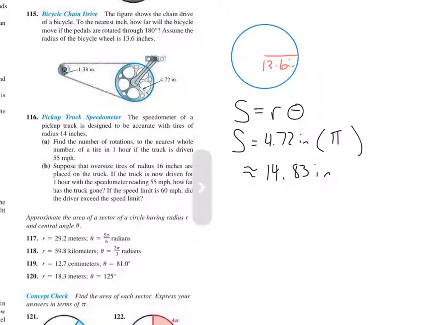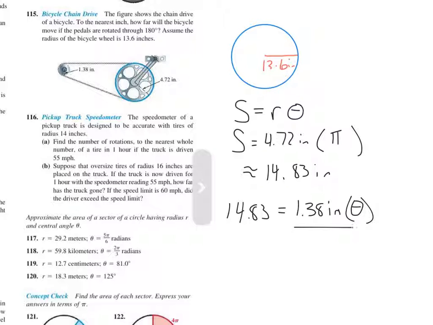In the back part of the problem, that little gear is going to have to travel an arc of 14.83 inches. So I'm going to take 14.83, and that is the arc it has to travel. Its radius is 1.38 inches, and what we're searching for is the angle it will turn.